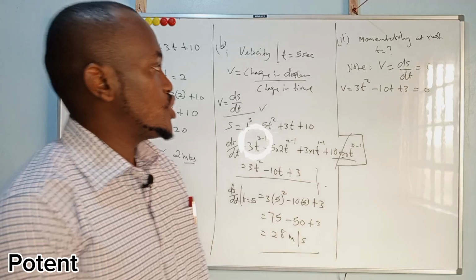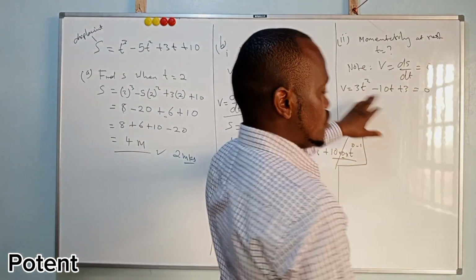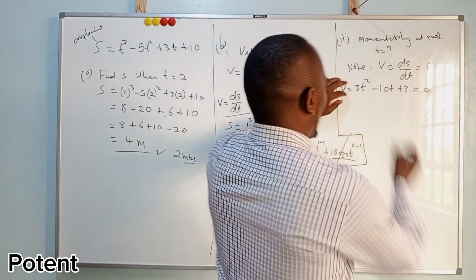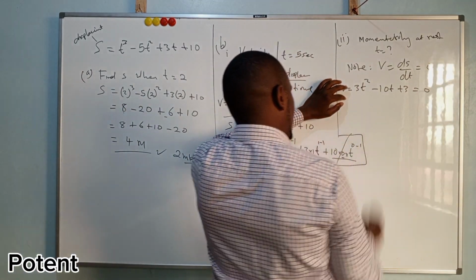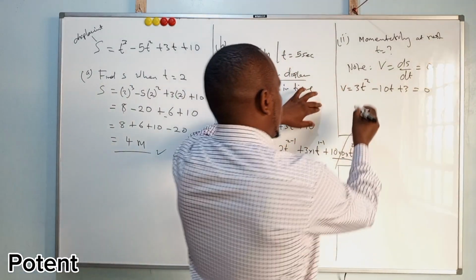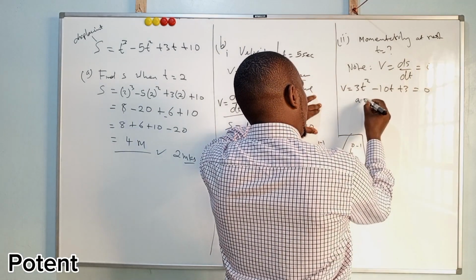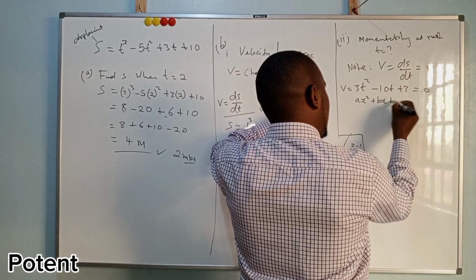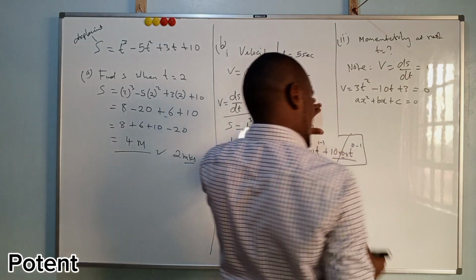With a quadratic equation, assume now it is like 3x squared minus 10x. To solve a quadratic equation, it is given as ax squared plus bx plus c equals 0.